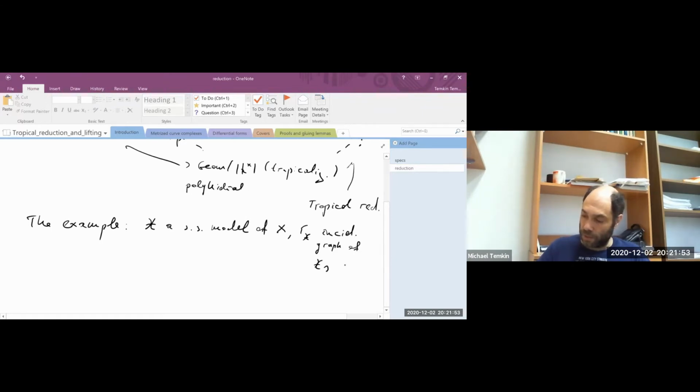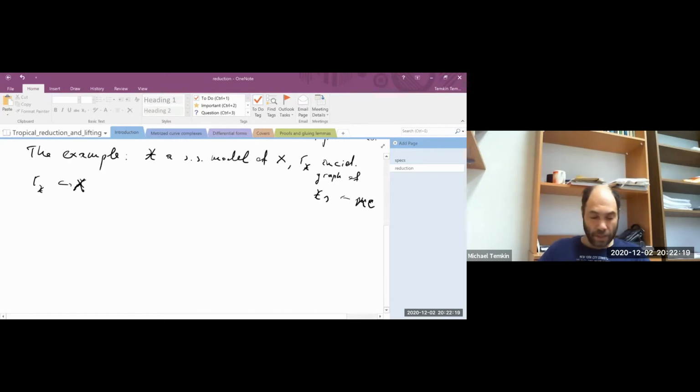This is just SNC, or normal crossing in general. Let's assume it's SNC, a normal crossing divisor. It has an incidence graph, a simplicial complex, standard definition. And this Gamma_X is even a skeleton. It embeds into X and is a deformation retract.